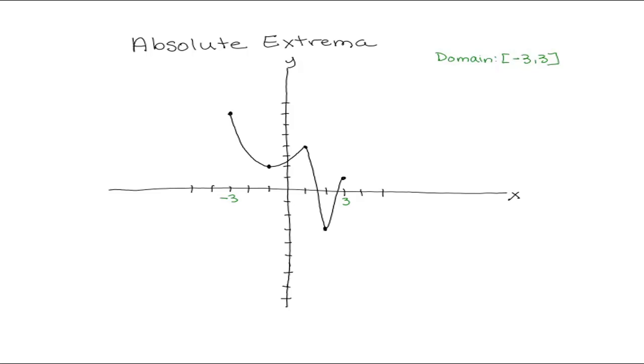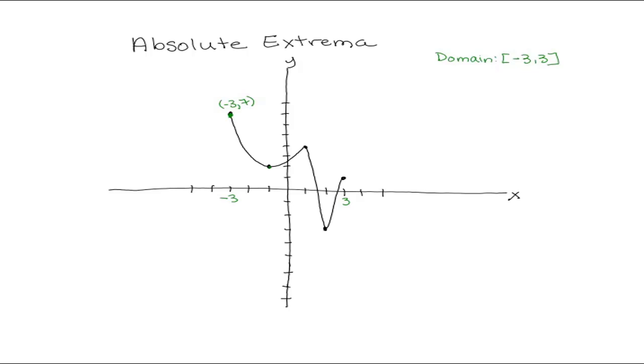So let's look at each of these interesting points that I made dots at of this function. There's one interesting point over here. It's the left end point of the function. The x value is negative 3, but the y value is 1, 2, 3, 4, 5, 6, 7. So the y value is positive 7. So this point is located at negative 3, 7.